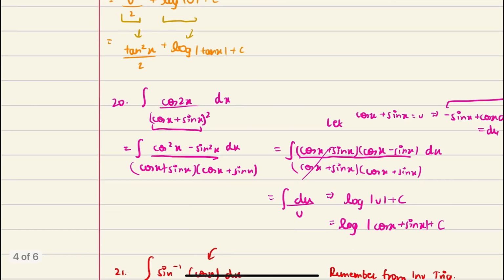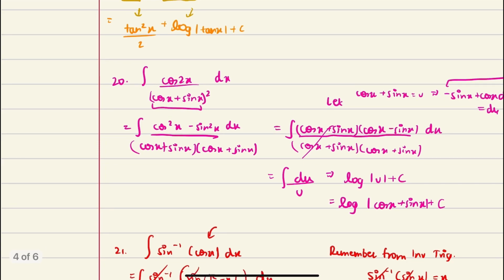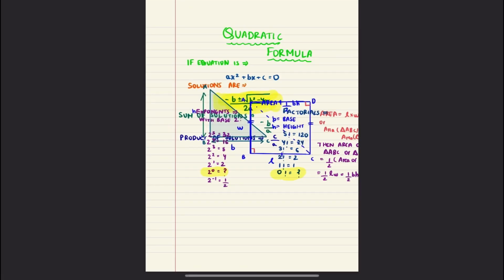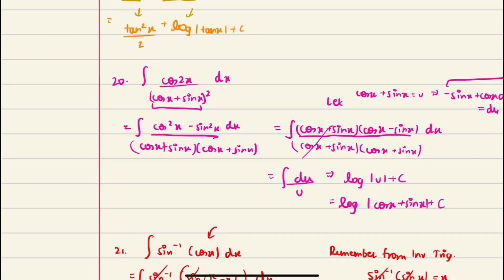All right. So then question number 20 is cosine 2x over cosine x plus sine x whole squared. So I'm going to write cosine 2x because we have cos and sine in the denominator. I'm going to write that out as cosine squared x minus sine squared x because that has both sine and cosine in it.